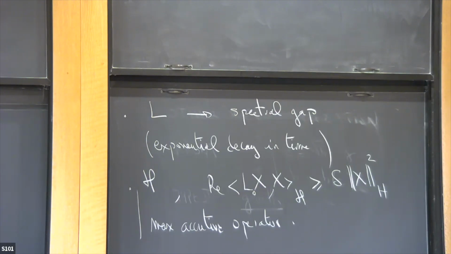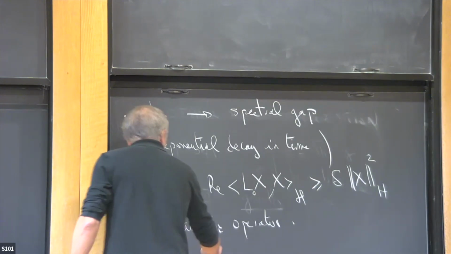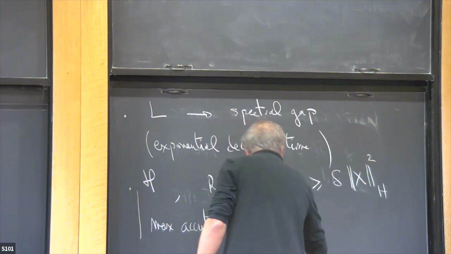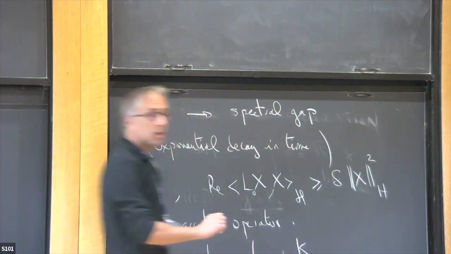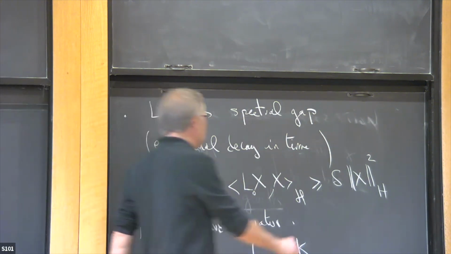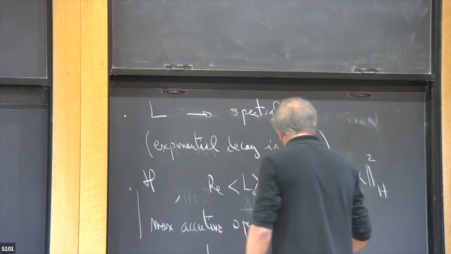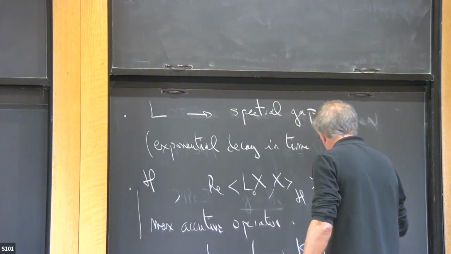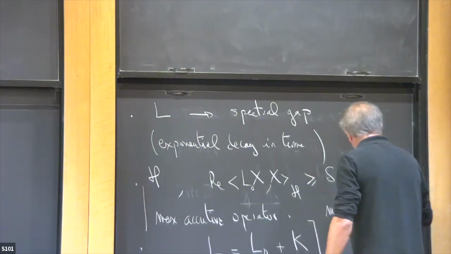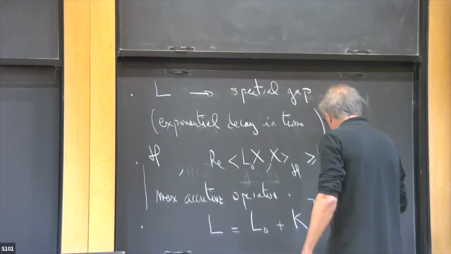Okay, and in fact, there is a more general class of operator. If you can realize your operator L as being L naught maximal accretive plus K perturbation, where K is a compact operator in your Hilbert space H, then what you can show is that in this case, you will recover exponential decay modulo finitely many eigenvalues.